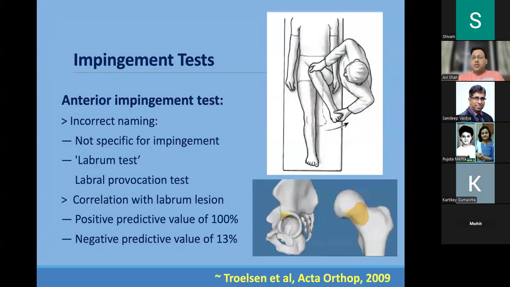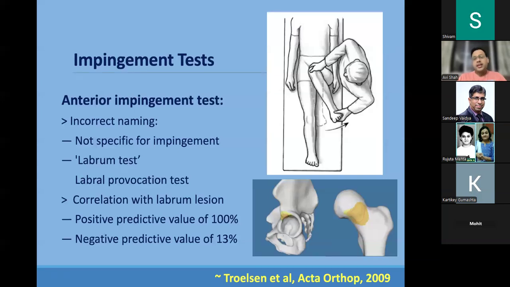So the next test is the anterior impingement test, which is the most common test which everyone speaks about. You flex the hip to 90 degrees, take it into adduction and start internally rotating. Once you start internally rotating in adduction, the anterior part of the femoral head and neck starts hitting the anterior rim of the acetabulum, and any pain during this gives us a positive anterior impingement test.